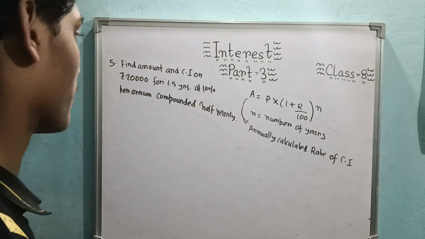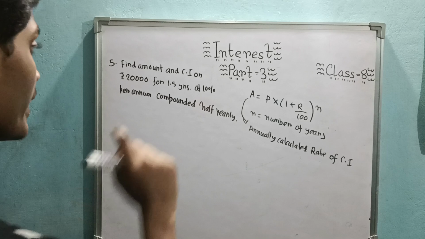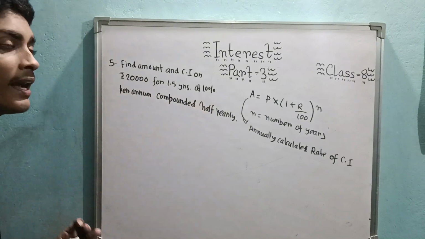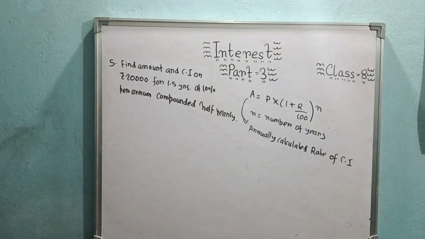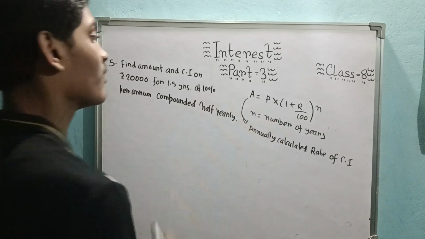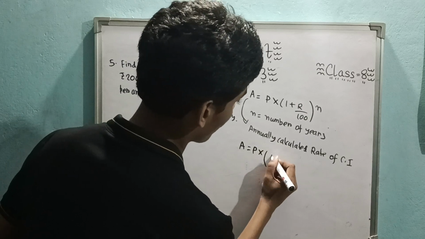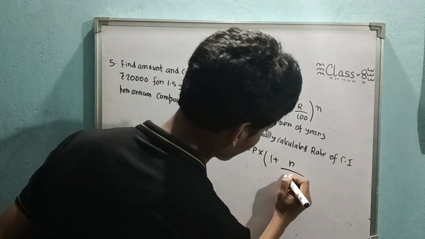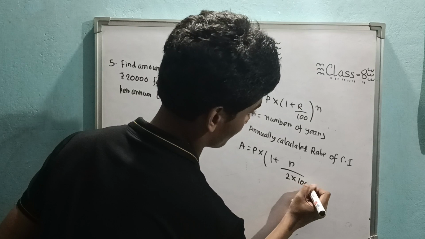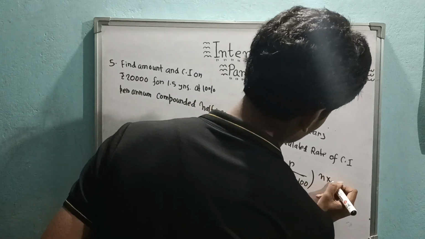Just see the question. The rate of interest is 10% per annum, but interest is calculated half yearly. That means for every half year we calculate by half the rate of interest for 1 year. This is 5%. The formula is this: amount equal to principal into 1 plus r by 2 into 100 to the power n into 2.